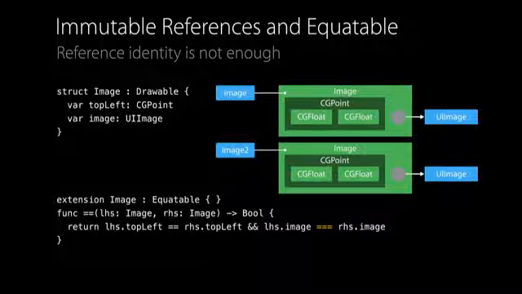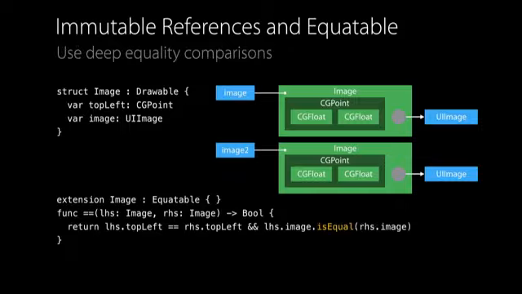We want those also to equate to being equal. And in this case, since we're comparing the reference, they would not. So this would be falsely saying these 2 images are not the same. So instead, what we want to do is use the isEqual method that we inherit from NSObject on UIImage to do the comparison. So we'll be sure that that reference type gets the right answer on whether or not it's the same object or not.